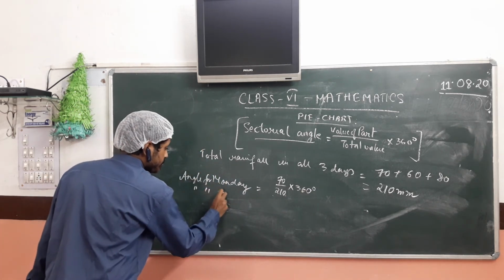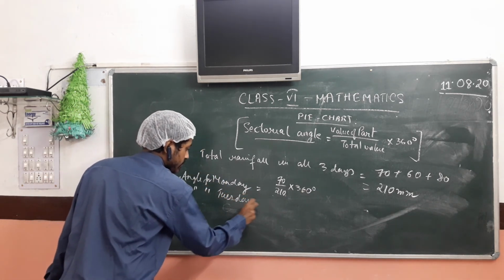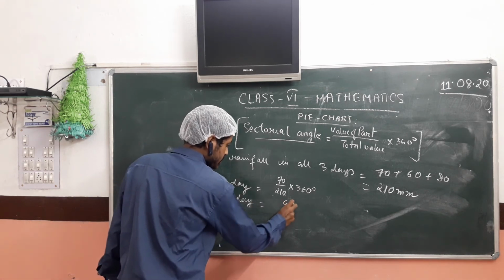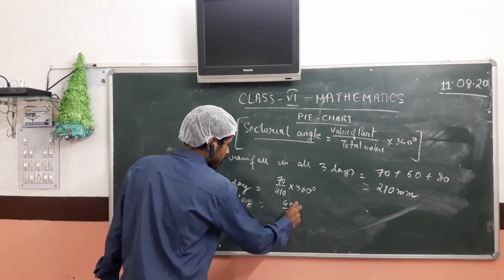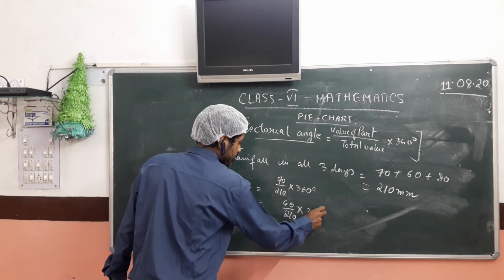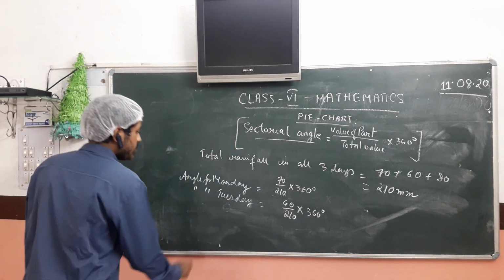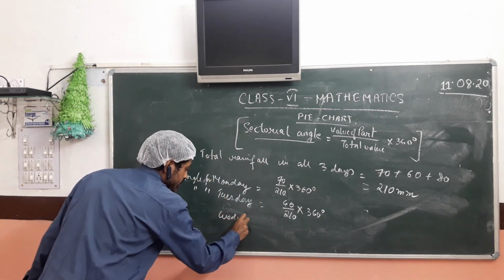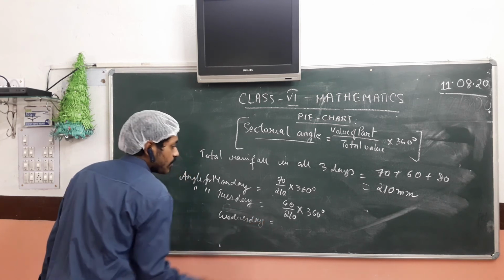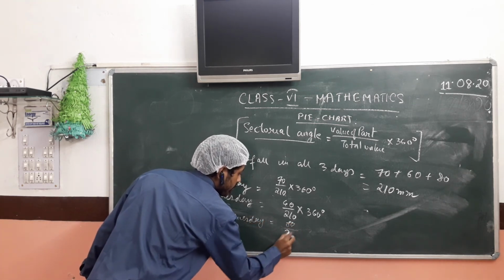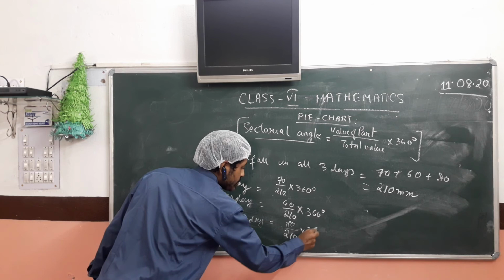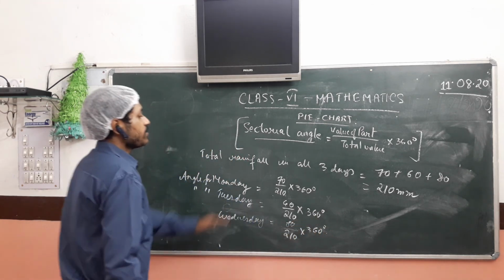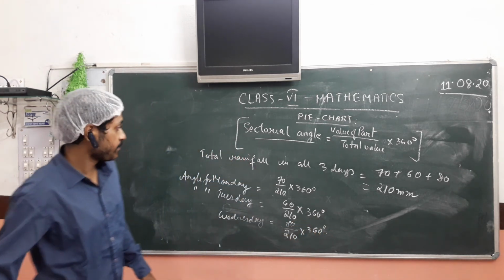Angle for Tuesday will be equal to 60 upon 210 into 360 degree, and similarly angle for Wednesday will be 80 by 210 into 360 degree. We will find out the respective angles.